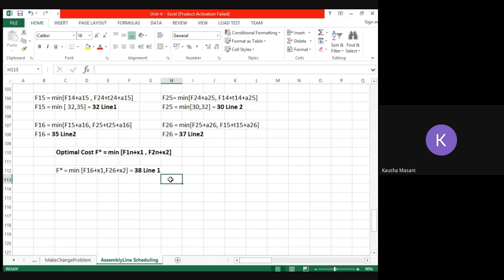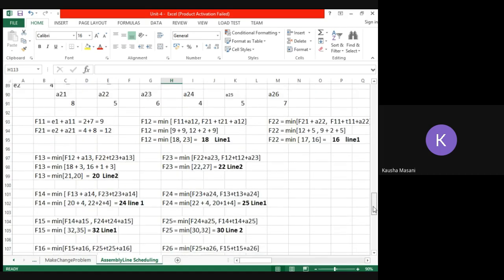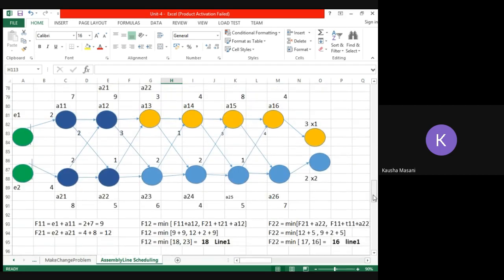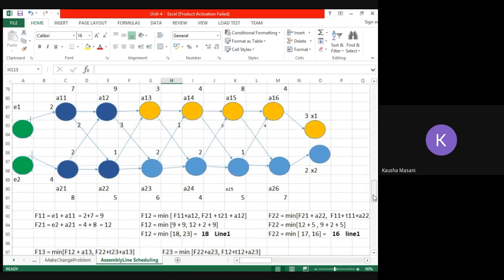I need to continue in your next session, because again there is one table that we are going to form. Whatever bold I have done, line 1, 20, line 2, 22, line 2, we are going to record in the table, and from the table we will come to know which path between these two assembly lines we have to follow.